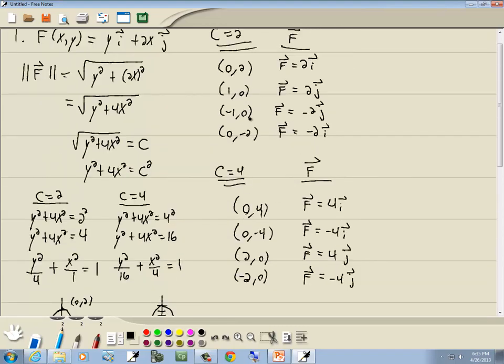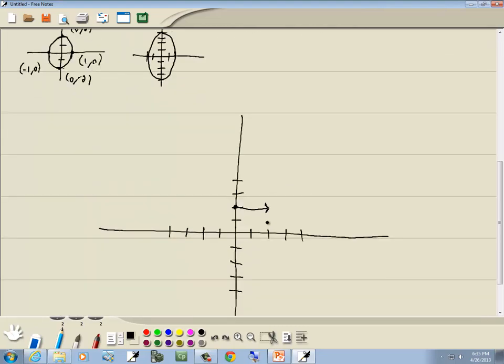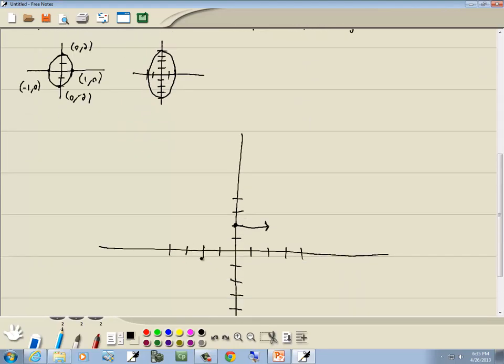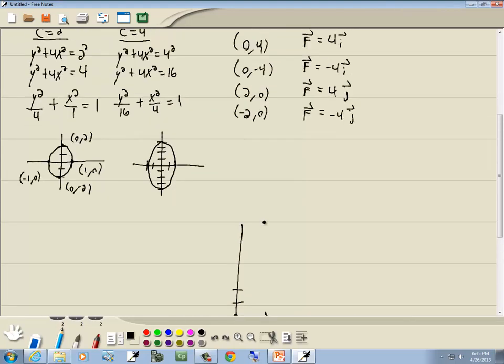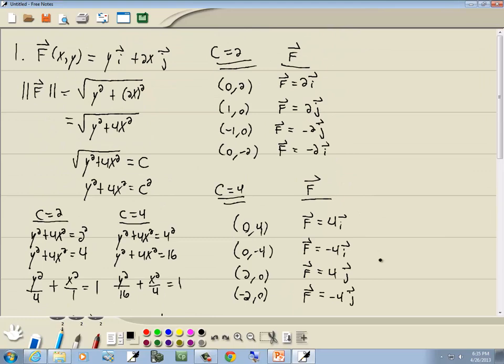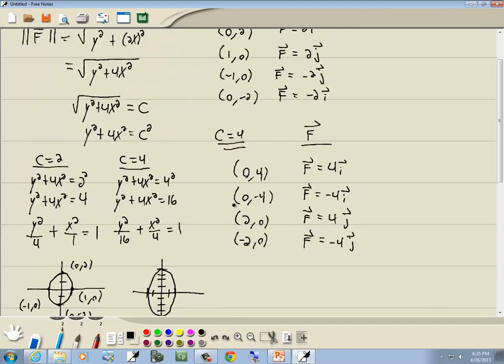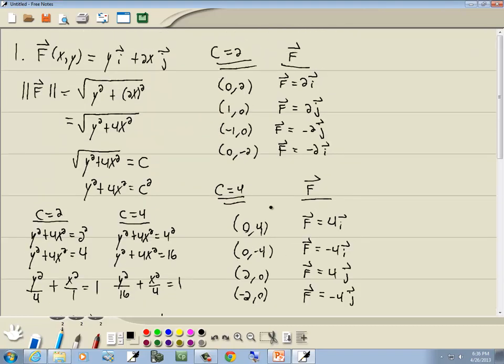Our next one, 1, 0. It was 0, 0, 2, yeah. 1, 0, which is right there. And that's 2j. So that's going to go up 2. And then our other one is negative 1, 0.